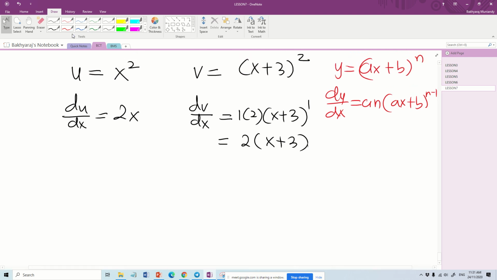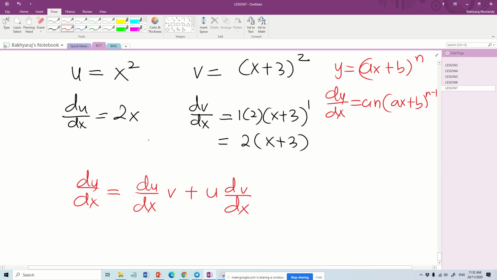Okay, recall balik. Product rule is what? Product rule ialah dy dx sama dengan du dx times v tambah u times dv dx. So maksudnya du kali dengan v, and then u kali dengan dv. So kita do cross multiplication lah.